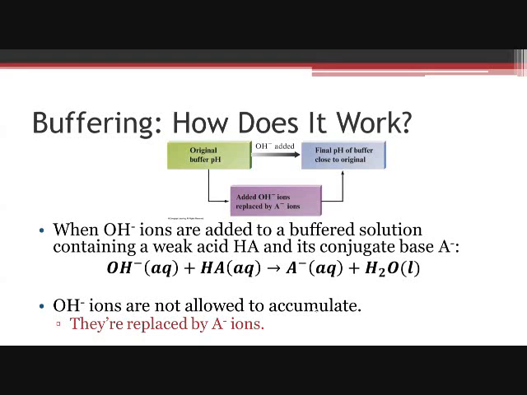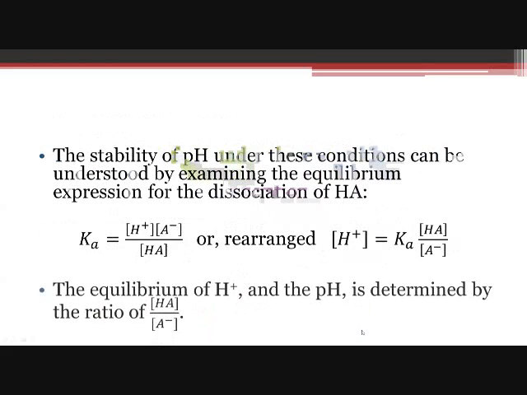So once it's used up, we replace it with that conjugate base, which then gives us a number for a common ion to reduce the amount of the hydronium ion that's created when the acid does dissociate. It stops the shift from happening.